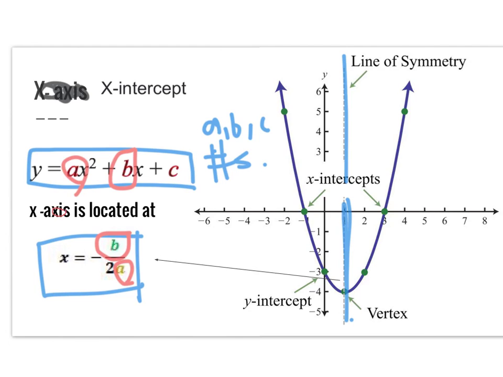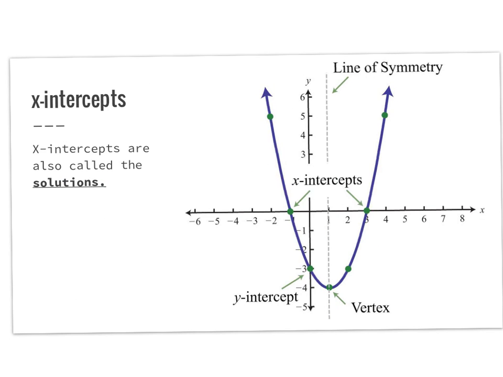Sorry about another typo. This should be x-intercept. I don't know what I was thinking when I was making the PowerPoint. Alright, here we go. So I actually have x-intercept instead of x-axis like last time.